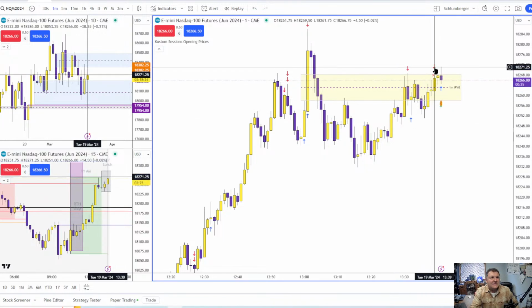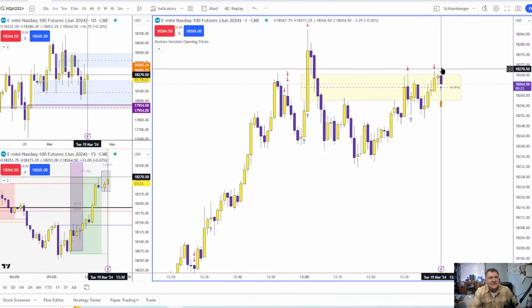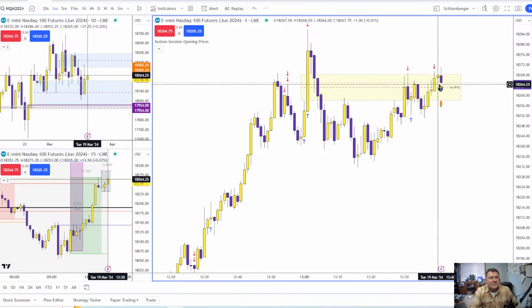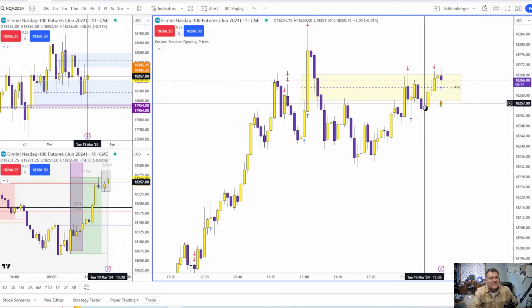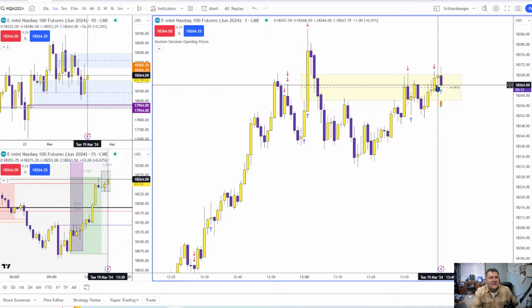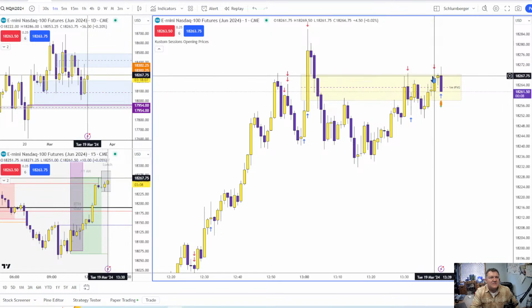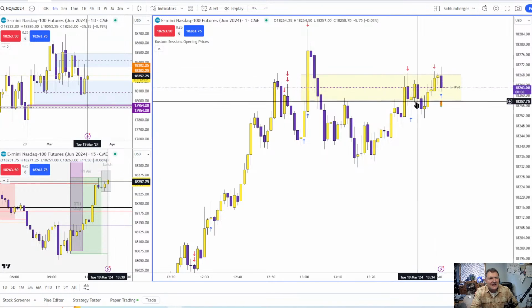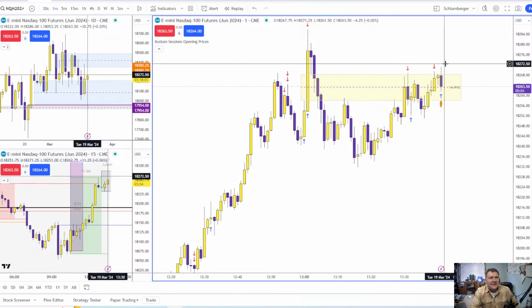I'm in a tight little consolidation here. Now there's the next high level. They were in a premium. I was expecting it to come back into a discount, but see what they did is they came back into a 2-minute order block here, and they just tapped it and extended the range one more time. I was expecting that range to come back in here, down to here, and then get out.